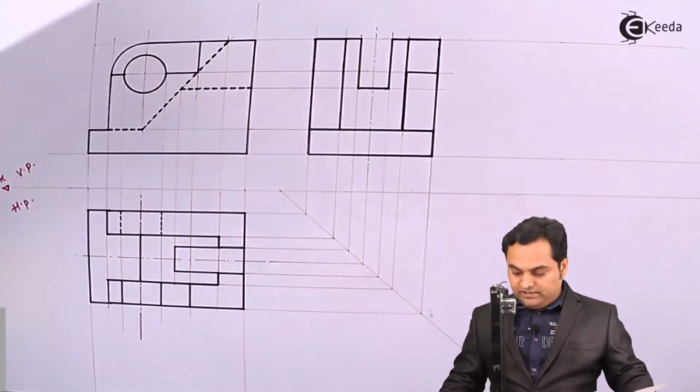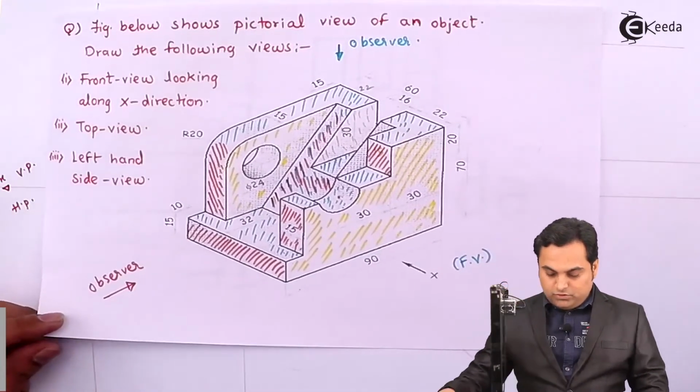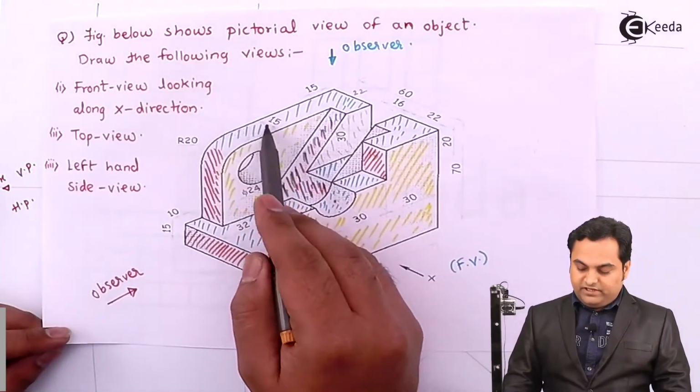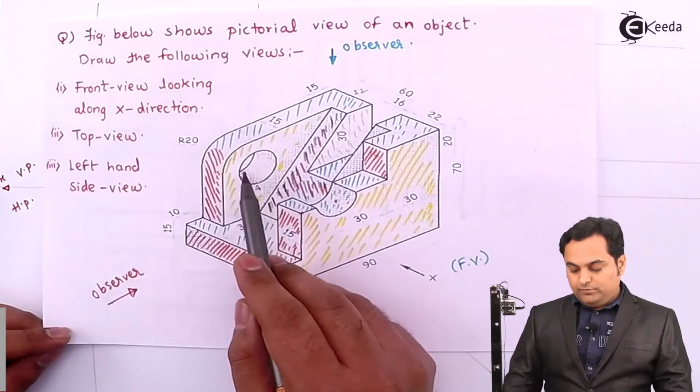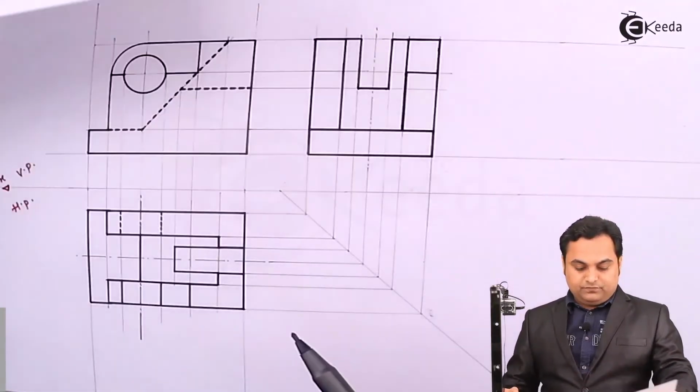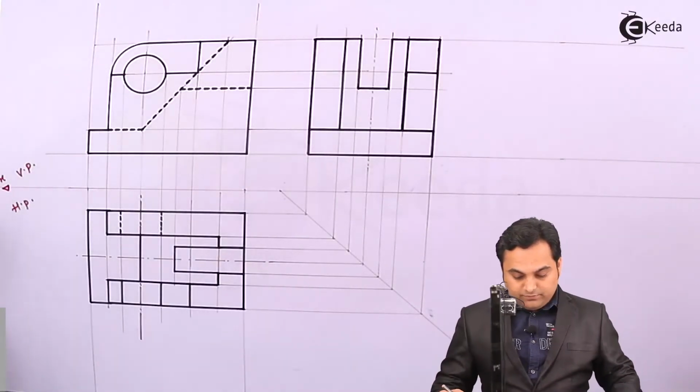Then apart from that, the circle which is there inside this 15 mm width disc won't be visible, so it is hidden, getting its height from the front view.